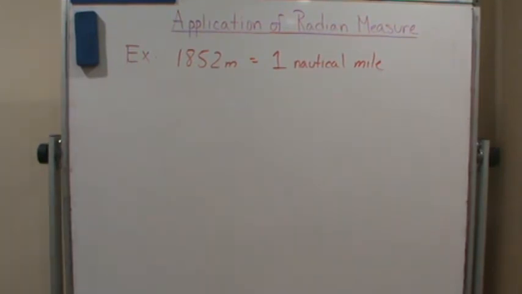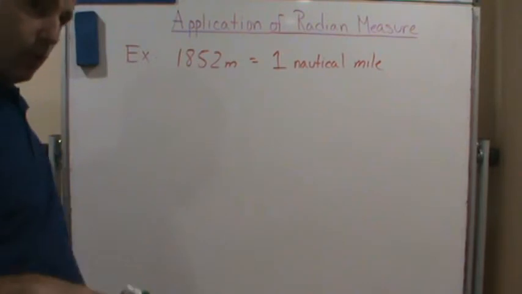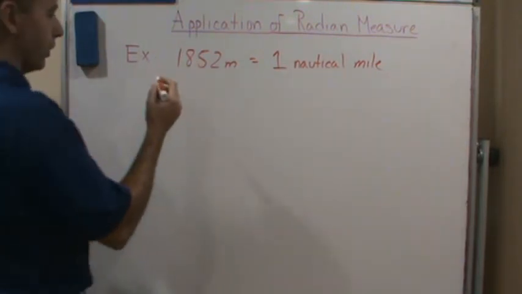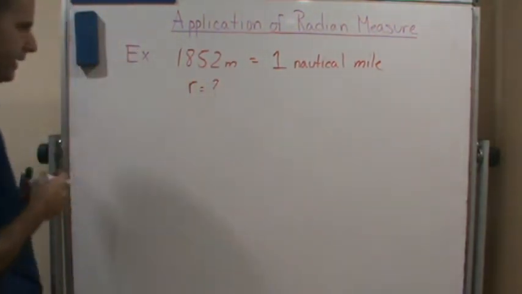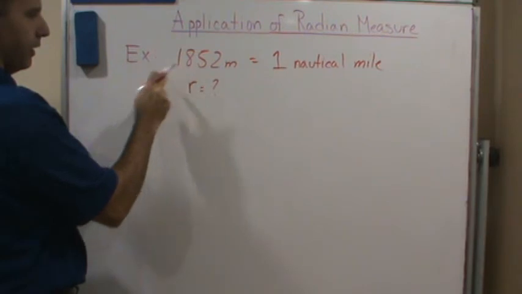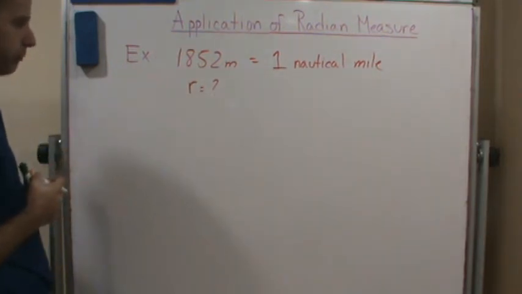The question is, what measurement of the Earth's radius is that based on? They're still using 1 minute, but we want to know the Earth's radius based on this definition of a nautical mile.